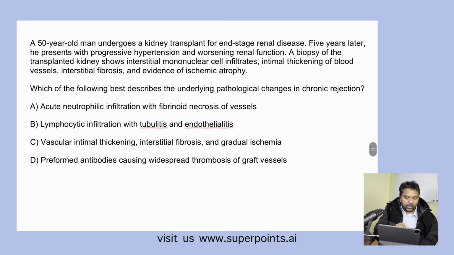A 50-year-old man undergoes kidney transplant for end-stage renal disease. Poor guy is only 50 and he is already having end-stage renal disease. Five years later, he presents with progressive hypertension and worsening renal function.